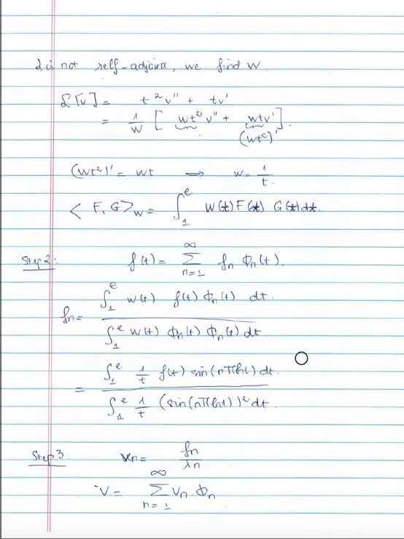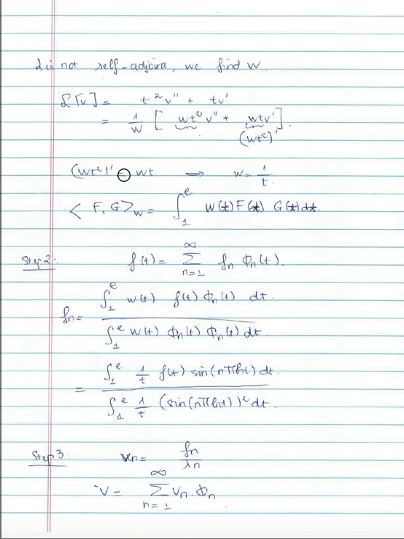So how do you find this W? This is the key. You write the operator. This is basically the form of the operator, right? Now you divide by W, and here you multiply with W. So it is still that operator, right? You consider the coefficient of v second, and you consider the coefficient of v prime. You're going to set the derivative of the first coefficient to be the second term, right?